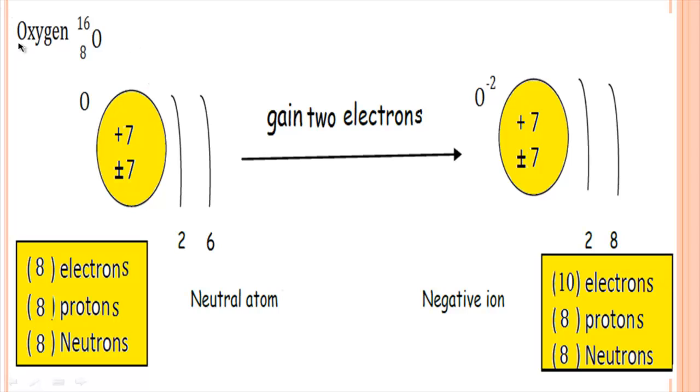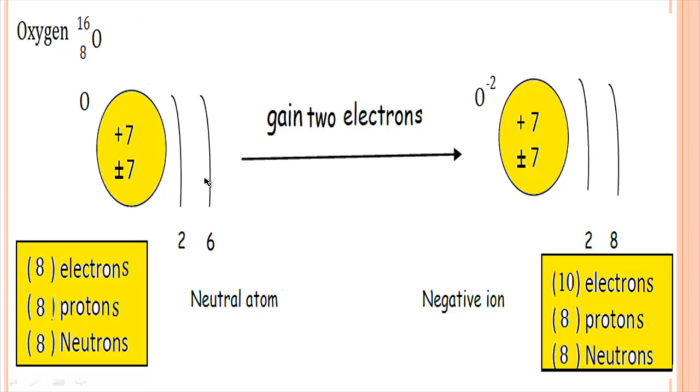Another example, write the electronic configuration of oxygen, 16 mass number, and its atomic number is 8. The first step, we will write the symbol of oxygen, O. The second step, we will draw the nucleus and draw inside it 8 positive protons and 16 minus 8 equals 8 neutrons.